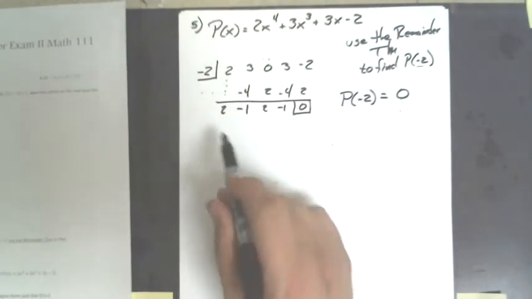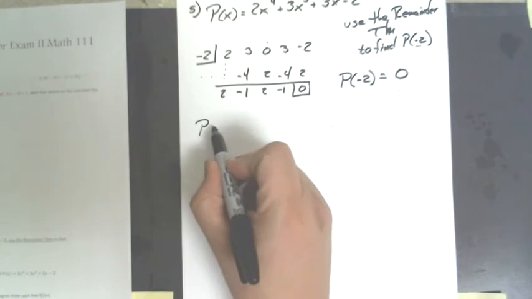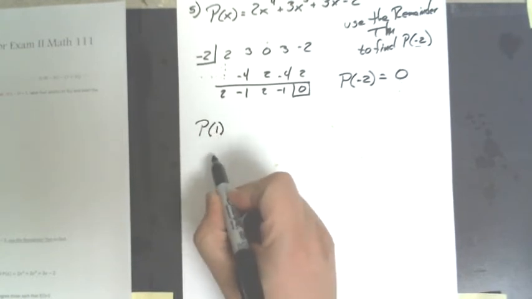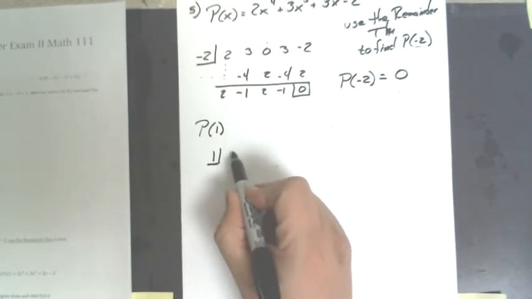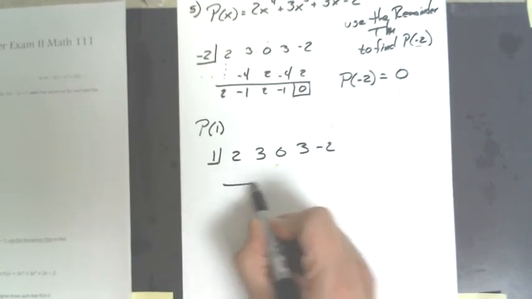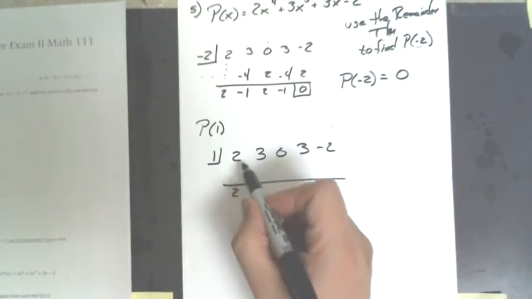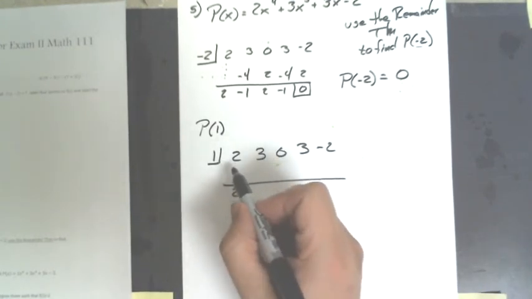If we'd have used something else, see if I can do this real quick, I have a minute left. If we wanted to find p at 1, we could do synthetic division with that 1. 2, 3, 0, 3, -2. Bring down the 2, and do the synthetic division real fast. I'm going to do it real fast, I only got a couple seconds here.